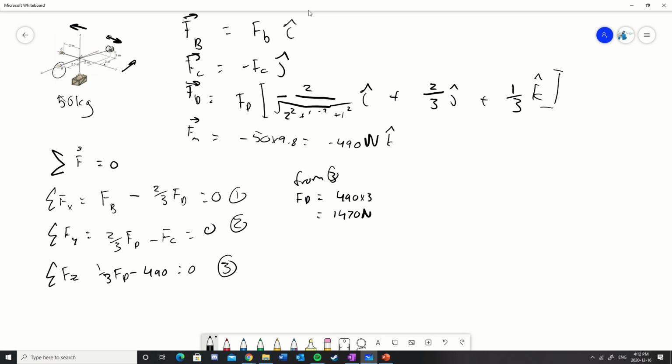And we can take this now and plug it into the other equation. So from equation 2, we can find that FC is equal to 2/3 FD, equal to 2/3 of 1470, which ends up equaling 980 newtons.